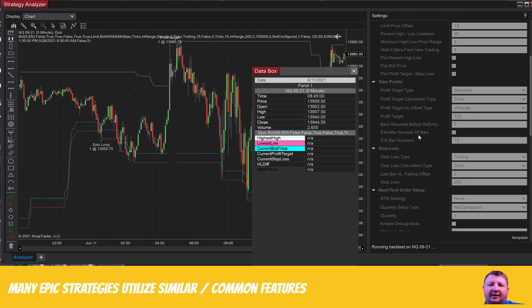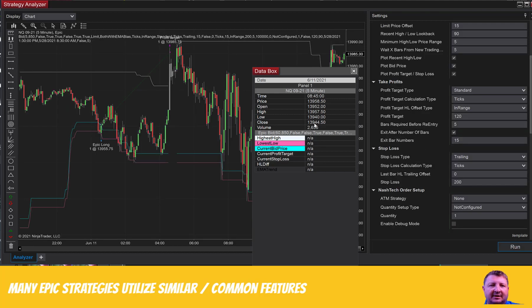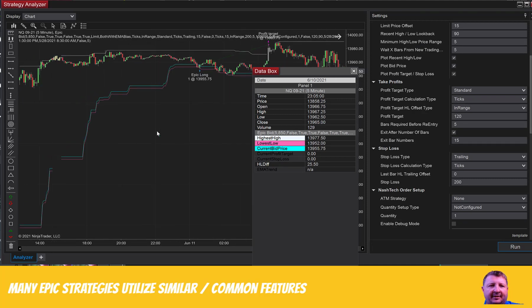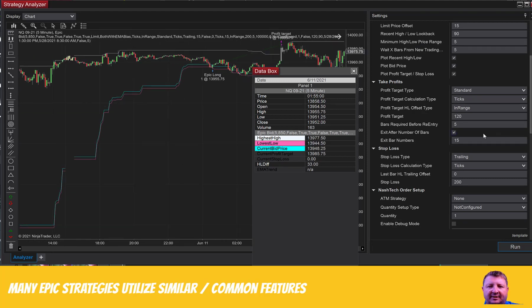The good thing of understanding these is that you're going to be able to use the same ones in different strategies. So I think we've covered quite a bit.